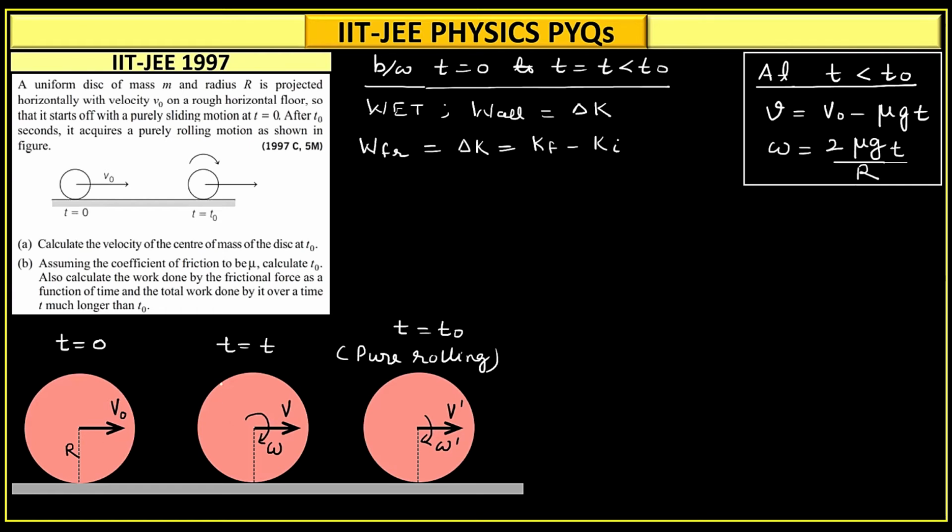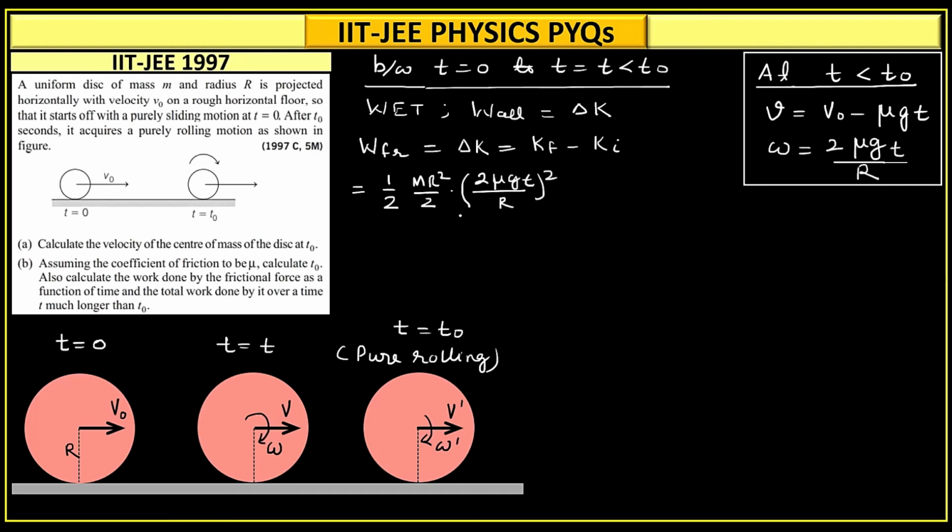Finally, if at time t the body is doing rolling with slipping, in that case the kinetic energy is a sum of two parts, translational and rotational. So the rotational kinetic energy at time t is half I CM omega square. I CM is m r square by 2, and this is the omega, so omega square means twice mu g t by r, and then whole square.